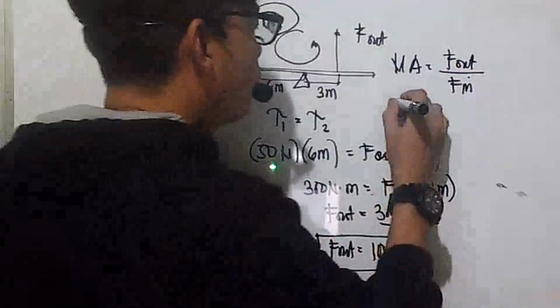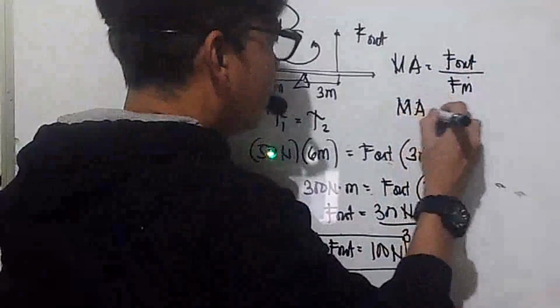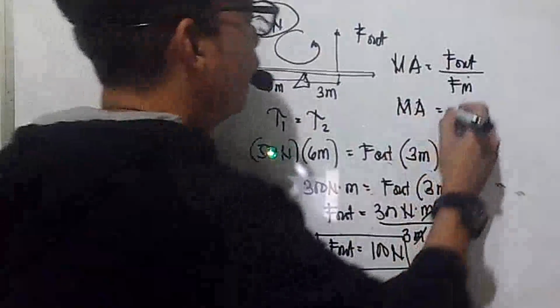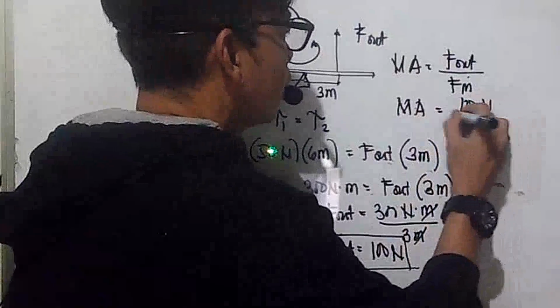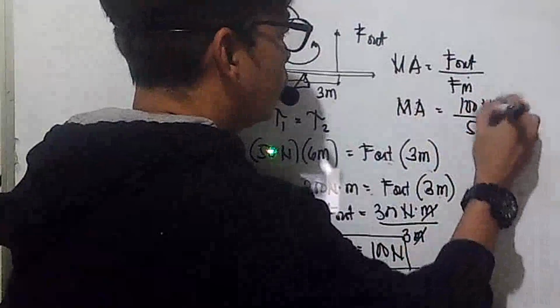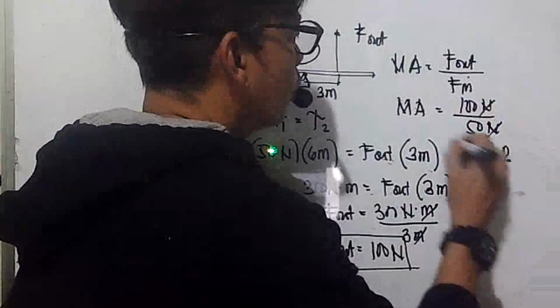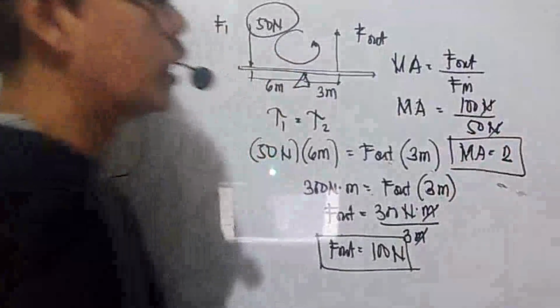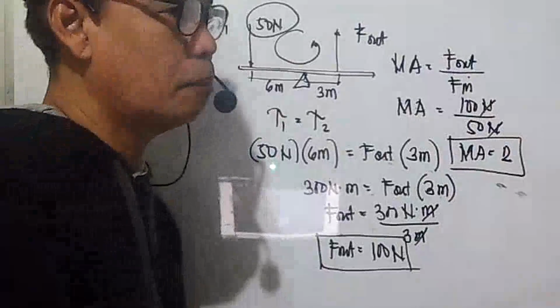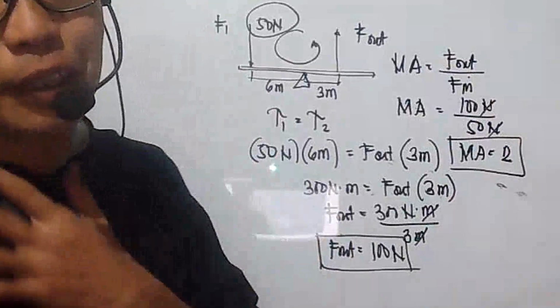In this case, your mechanical advantage is equal to 100 over 50 newtons. So your mechanical advantage of this system is equal to 2. The greater the mechanical advantage, the more it benefits the user.